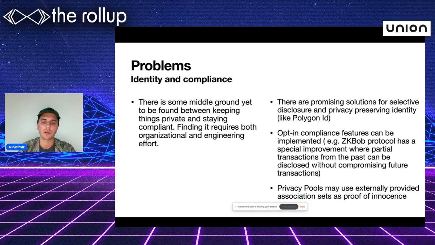There are also other approaches, such as Privacy Pools, that use externally provided association sets, so that you can prove that your funds were one of the checked deposits and not associated with hackers, for example. There are also some very interesting solutions being developed in the last years, like Polygon ID, which is privacy-preserving verifiable credentials, that also uses Groth16 and Merkle trees.